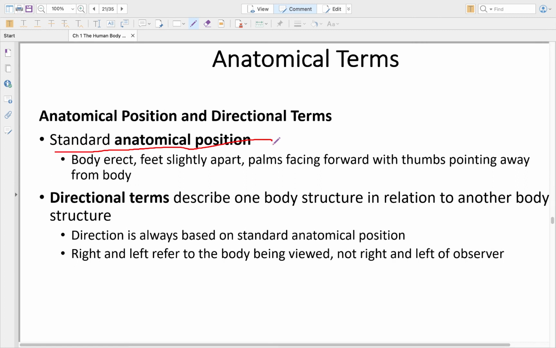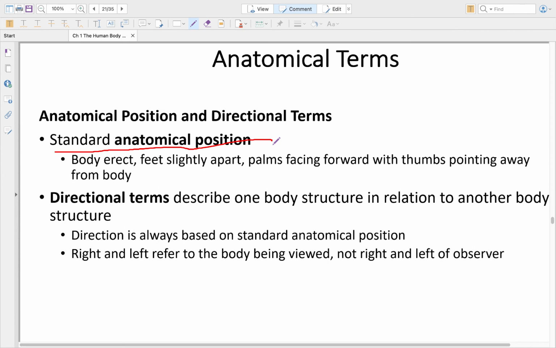If you stand up right now on your feet, face forward and keep your body completely erect, with your back straight and feet slightly apart, take your palms and have them facing forward with your thumbs pointing away from the body.